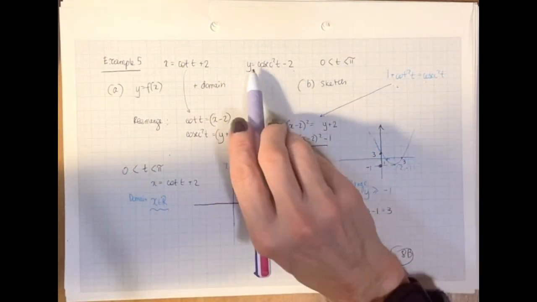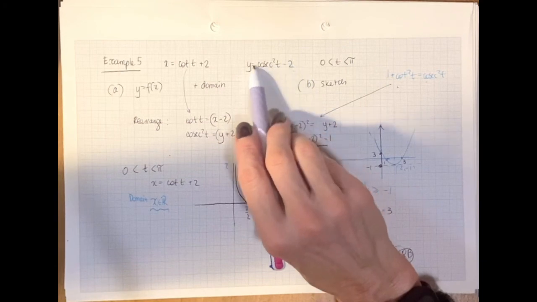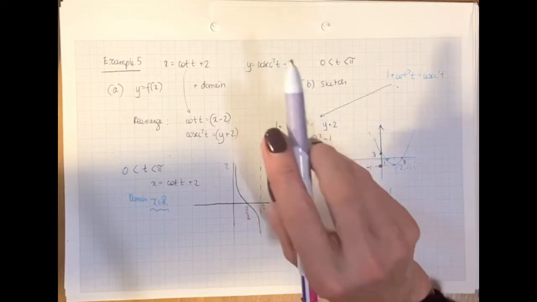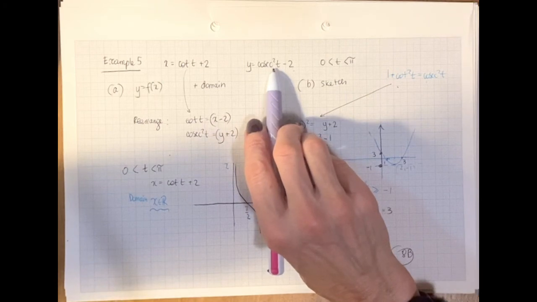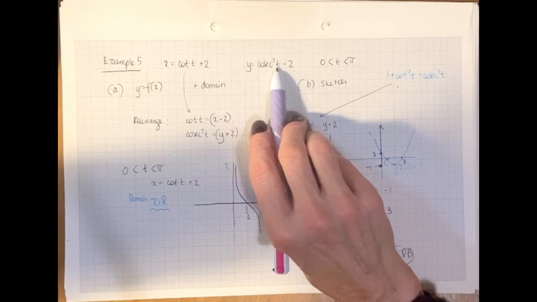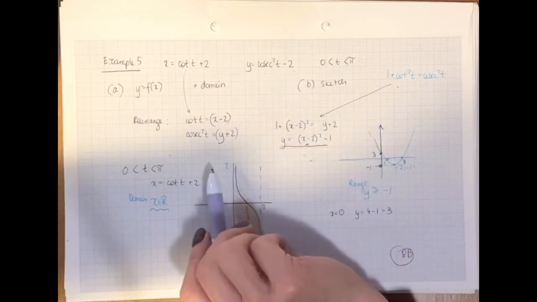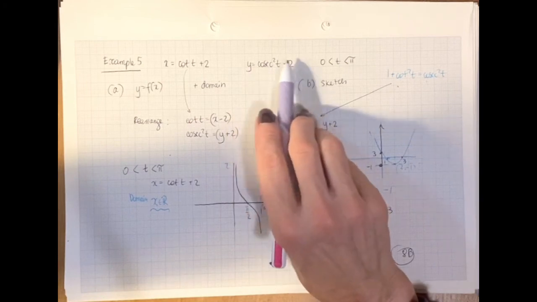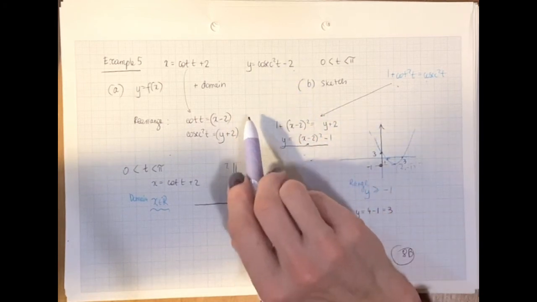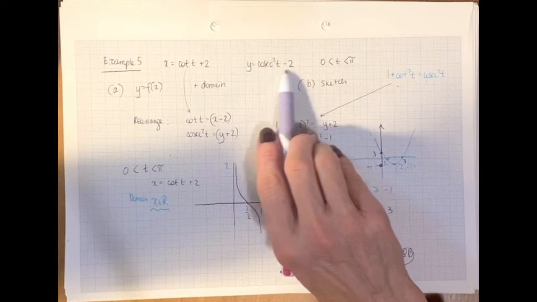If you try to get the range from this function, it's not impossible. But with cosec, you need to think about what is happening to cosec when it's squared, and then you need to shift it down. That's another thing you might want to come back to at the end of the year when you've gone through the whole textbook.